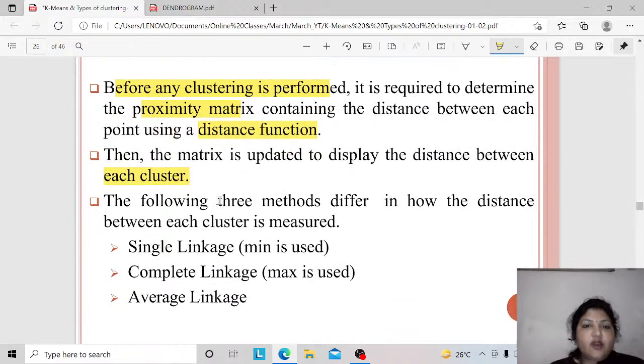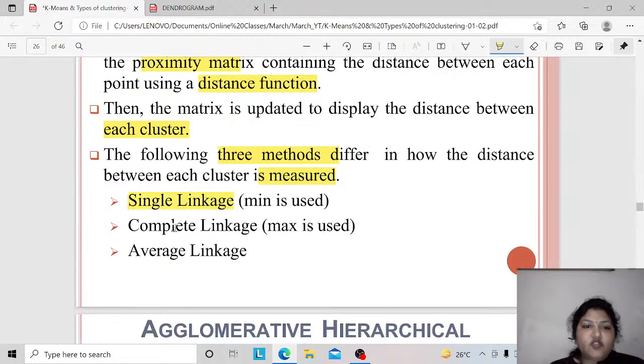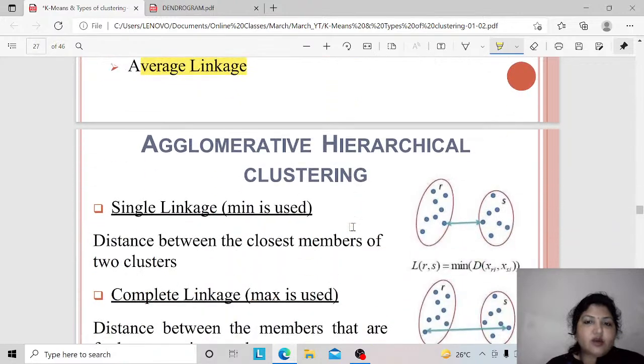The following three methods differ in how the distance between each cluster is measured. You might have single linkage, complete linkage, or average linkage. You can use any of these methods while combining the clusters. Minimum may be used, or maximum may be used, and let us see how it works.